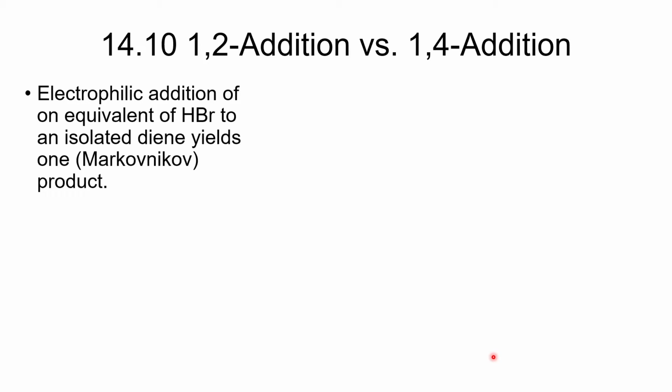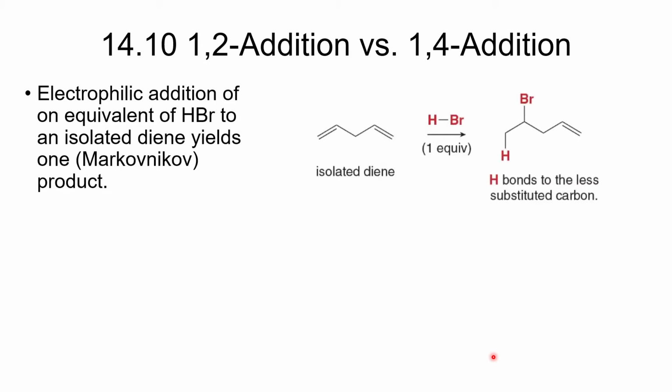So when we're looking at electrophilic addition of HBr across an isolated diene, here is an example of an isolated diene. Here we're adding just one equivalent. I fixed a little typo there. So in an electrophilic addition of one equivalent of HBr, we're going to get Markovnikov addition.